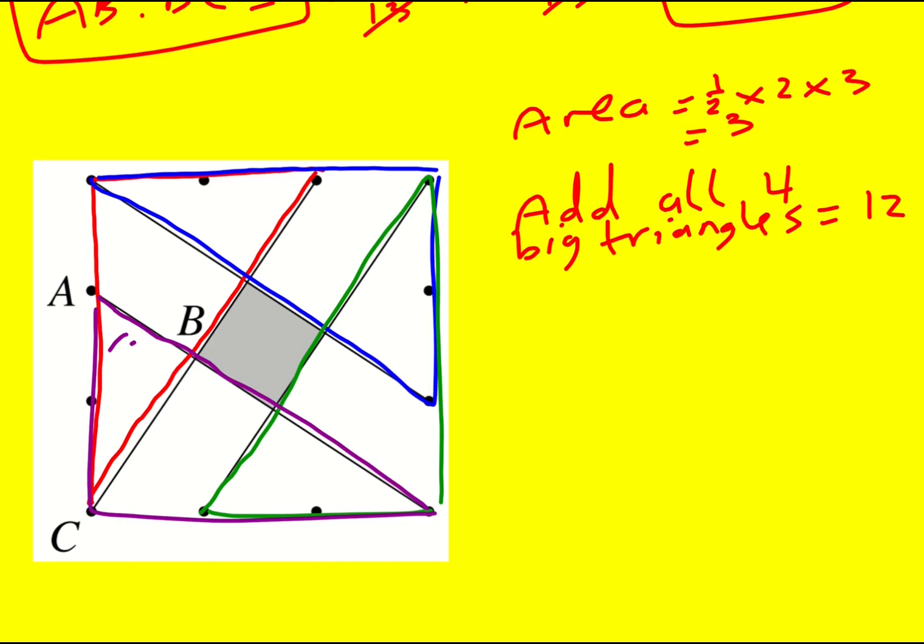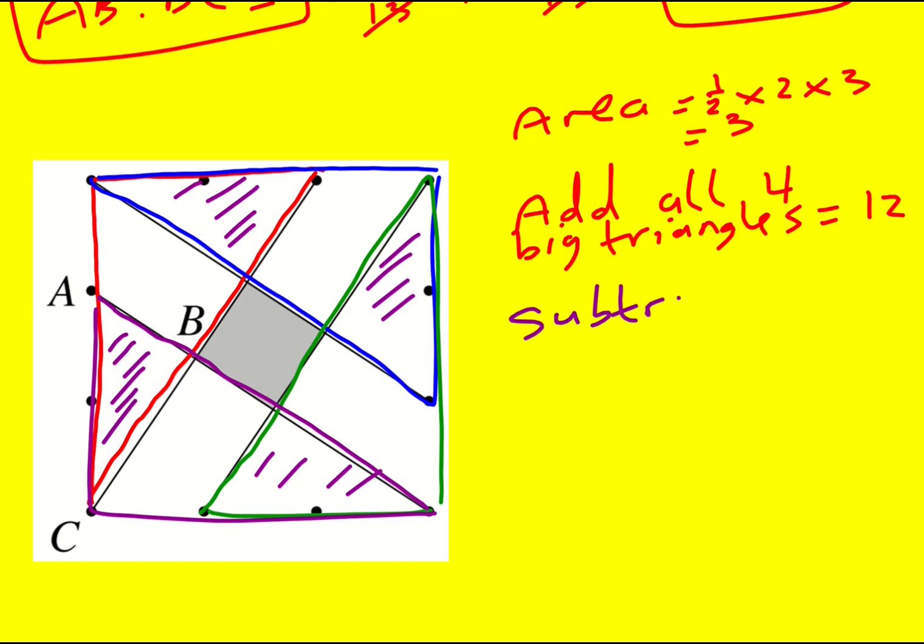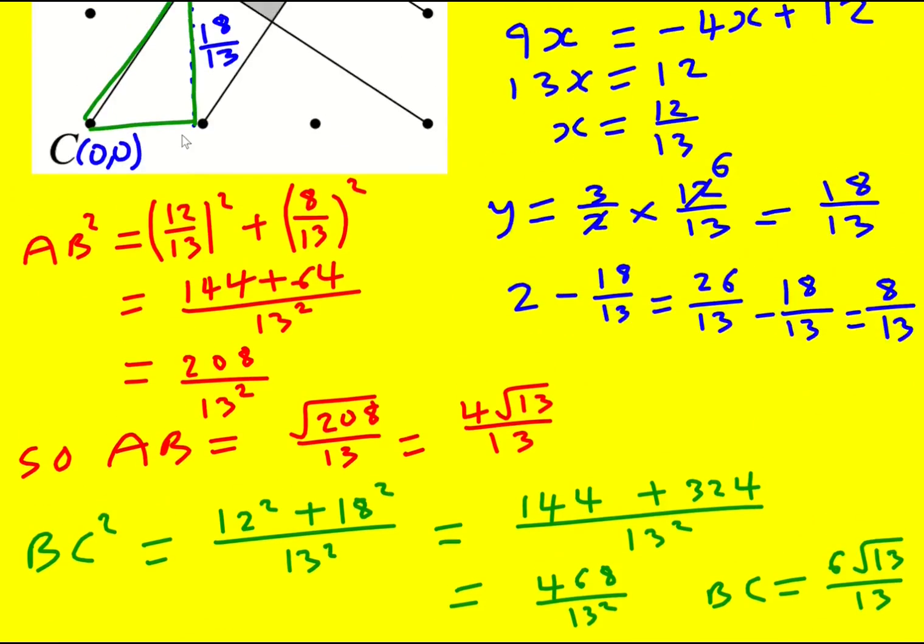For example, I've counted this region twice, this region twice, this twice, and this twice. So I need to subtract the smaller triangles. And it's going to lead us back into our similar triangles.